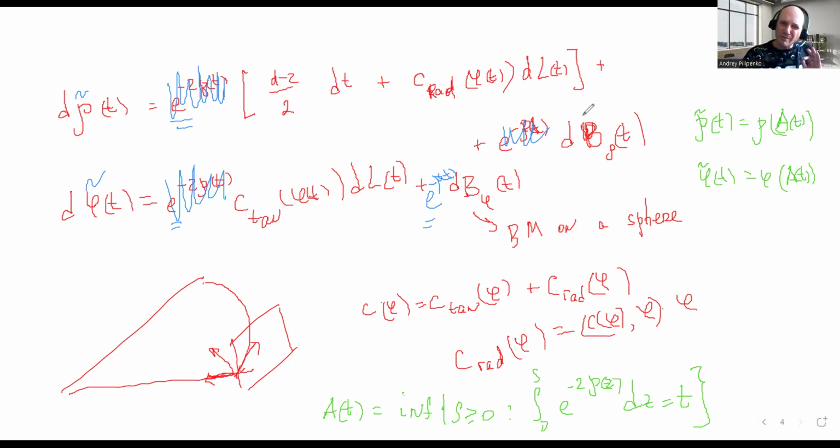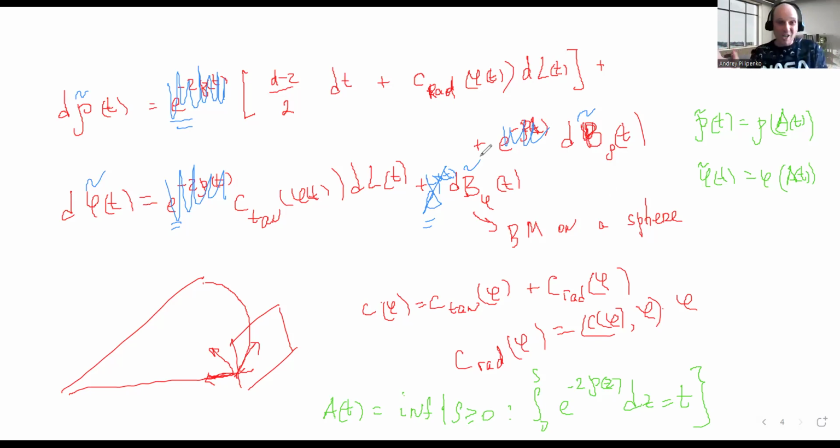Actually, we have another Brownian motion. This Brownian motion can be obtained from B rho using some transformation of time. And again, we don't have this term, we have this equation.